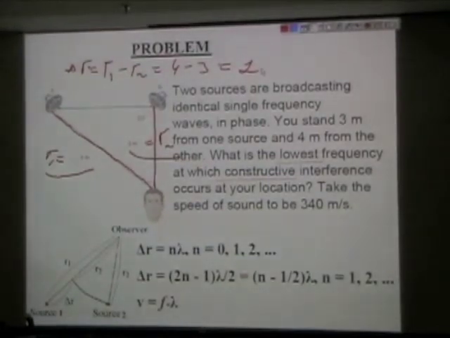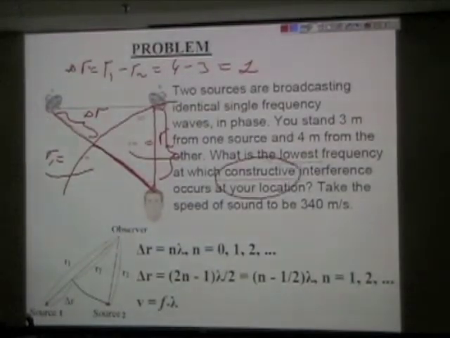Geometrically, if you want to find the path length difference, we have to draw a circle of radius R2. So this is R2, and that's supposed to be delta R. And here we're supposed to fit a natural number of wavelengths if we want to observe constructive interference.